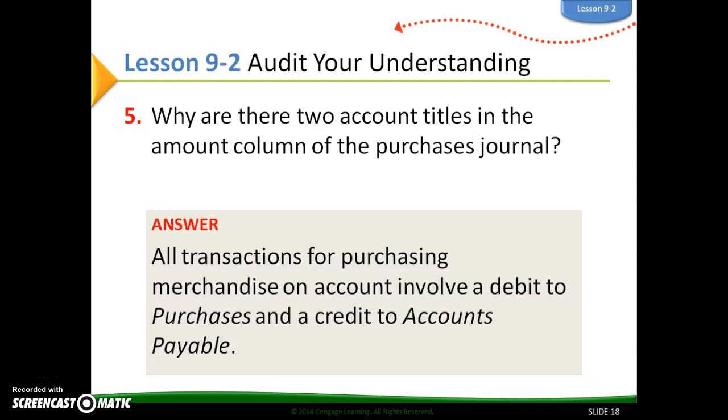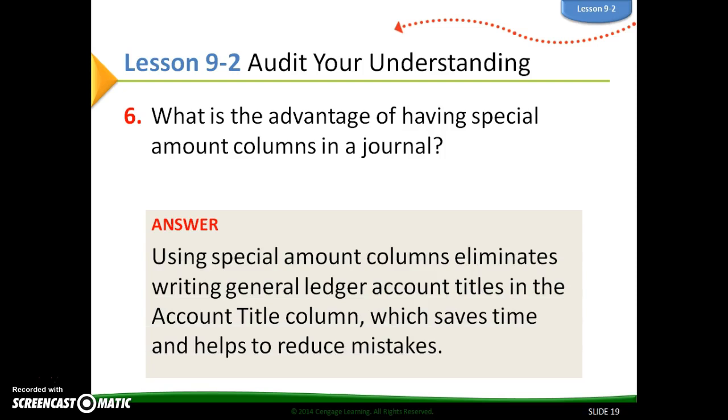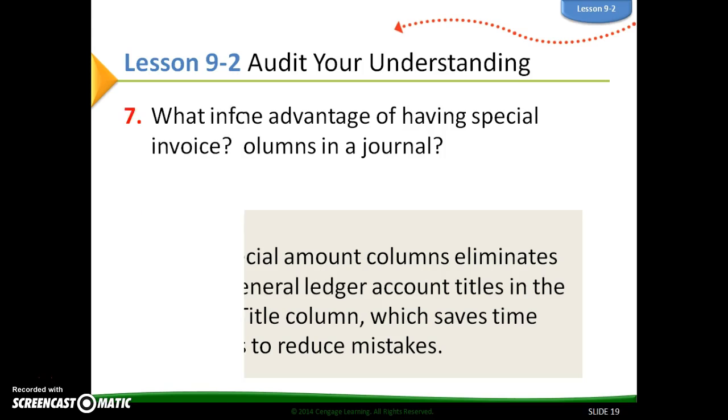Okay, so you can't forget that you're going to be doing a debit to purchases and a credit to accounts payable. The advantage of having a special account column in a journal, why is that so special? It eliminates writing the general ledger account titles, and it saves time and helps reduce the number of mistakes you make, which is really important.